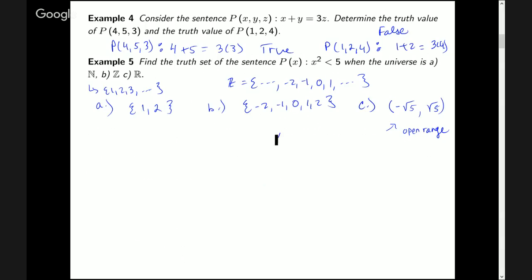You have to solve x squared less than 5. So when is x squared equal to 5? Plus or minus the square root of 5, and then it's everything in between. You could also write that as minus the square root of 5 less than x less than the square root of 5. Those notations are interchangeable. You have homework problems like that. Back to basic arithmetic. We like those days.